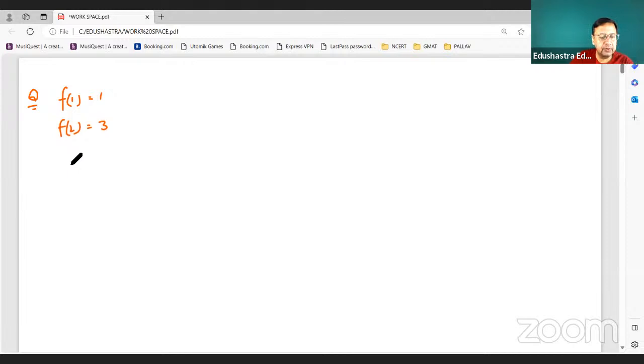F1 is 1, F2 is 3, and the function definition given to us is f of n plus 2 is equal to f of n plus 1 minus f of n. The question is: find f1000. What is the value of f1000?